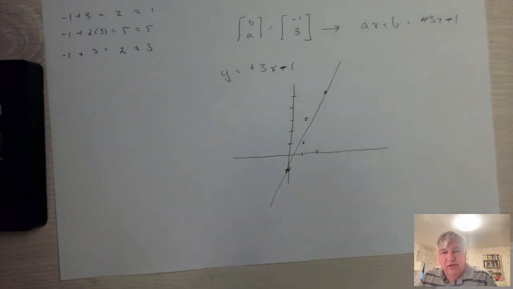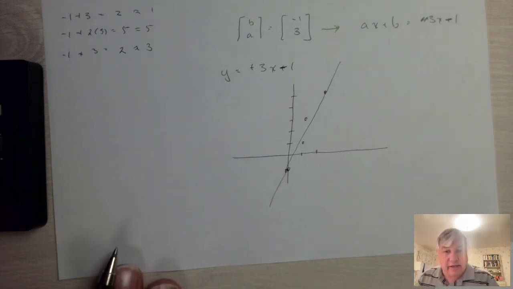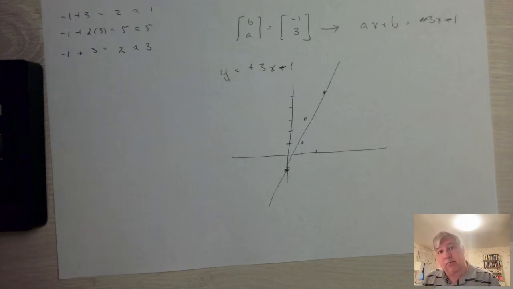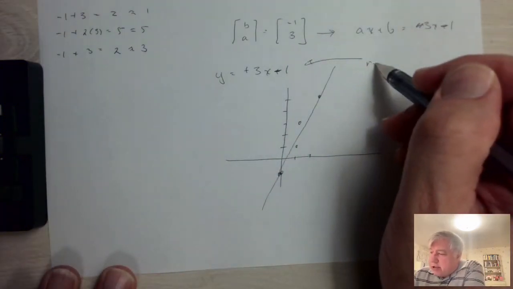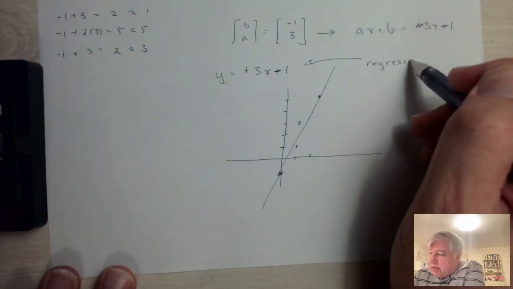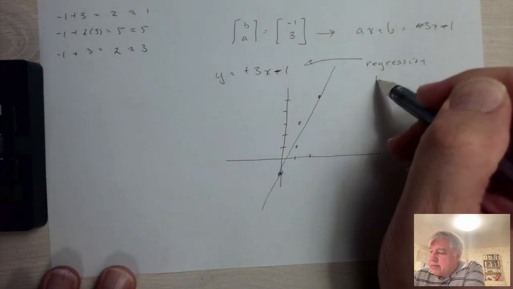This kind of shows this is actually a pretty good approximation of these three points, and we know now that it's the best approximation. So that's how we get this regression line. This is what we call the regression line for these three data points.